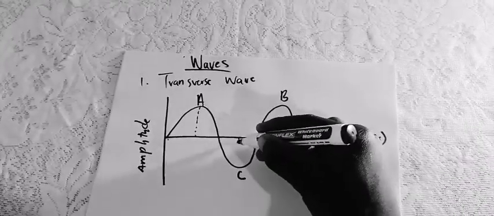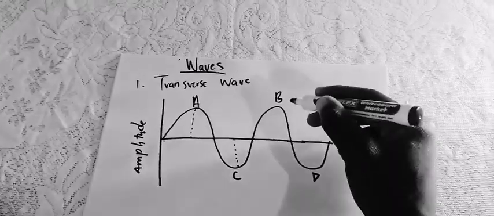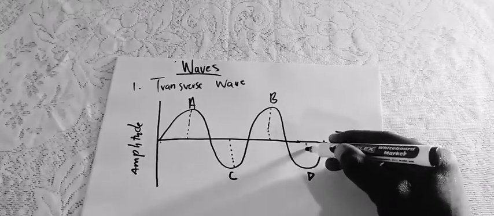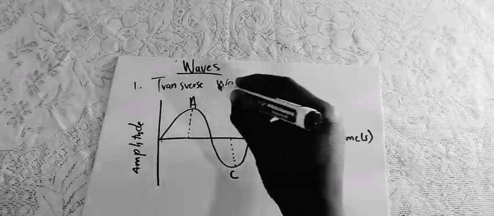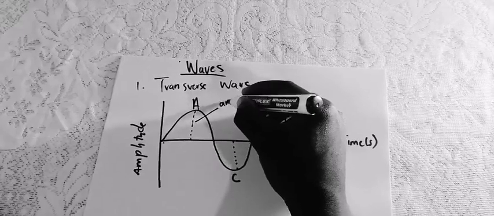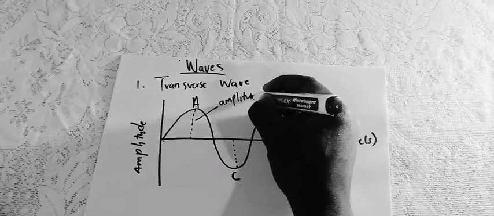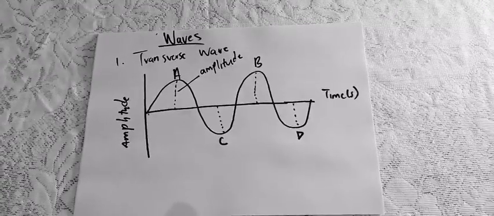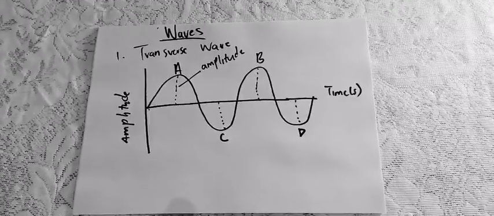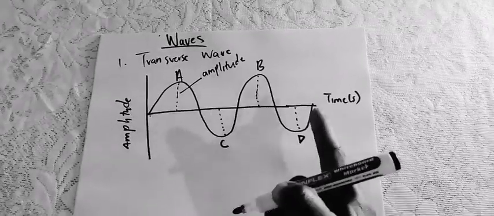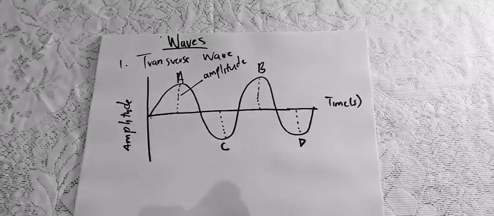From the dashed lines here, it's still the same thing, we're talking about the amplitude. This is the amplitude, the maximum displacement of the particles of a medium from the equilibrium position, from its rest position. So it's still the same thing.